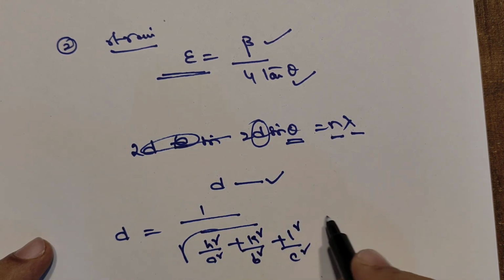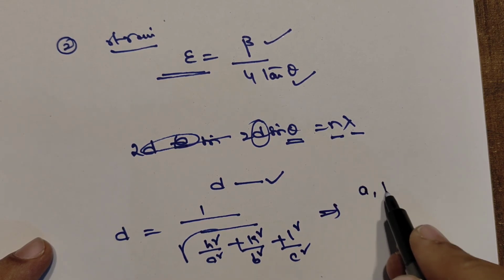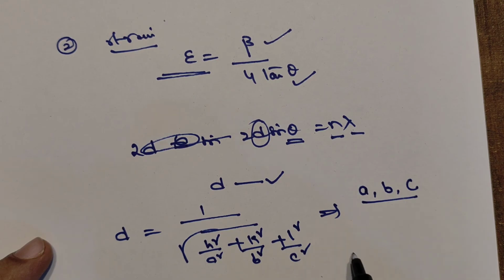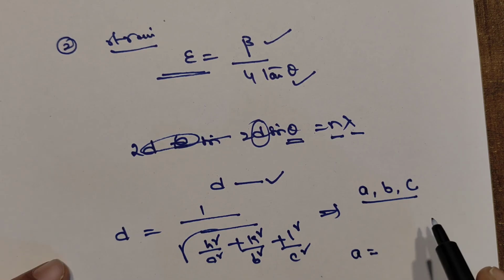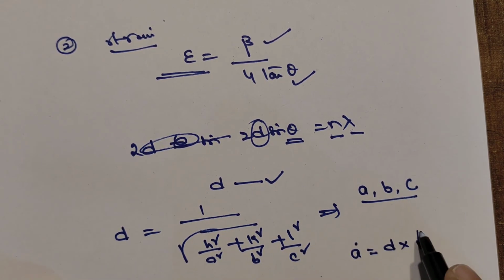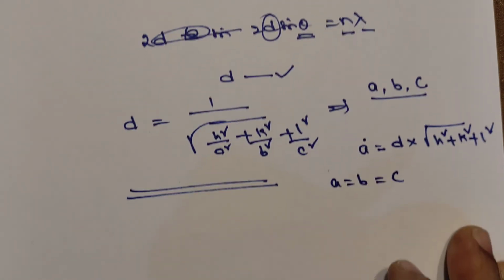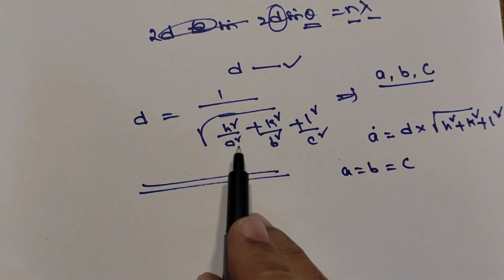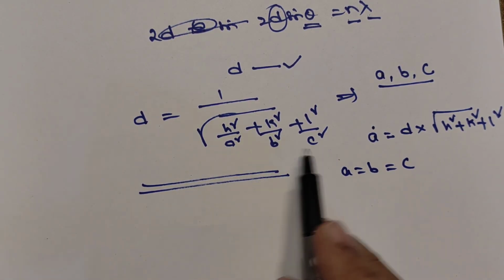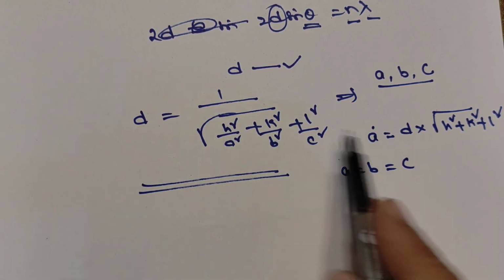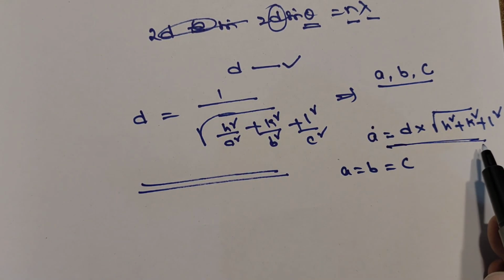By using this relation, it is also possible to measure the lattice parameters a, b, c. In the case of a cubic crystal, a equals b equals c, so in place of a square, b square and c square, we use a square. Then we take it upward, and a equals d into square root of h square plus k square plus l square.